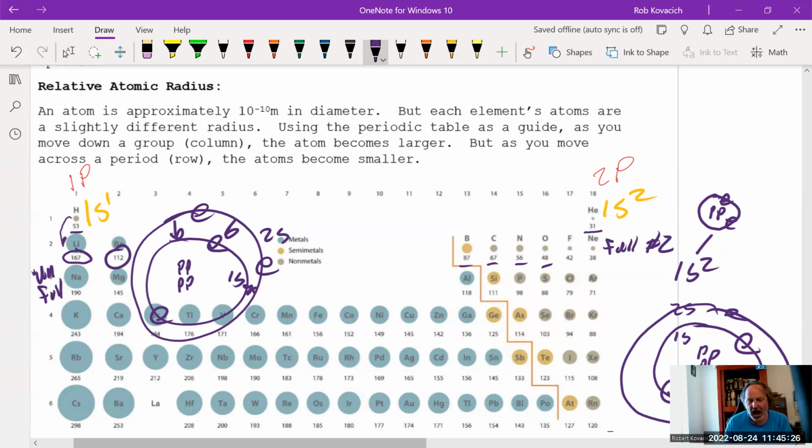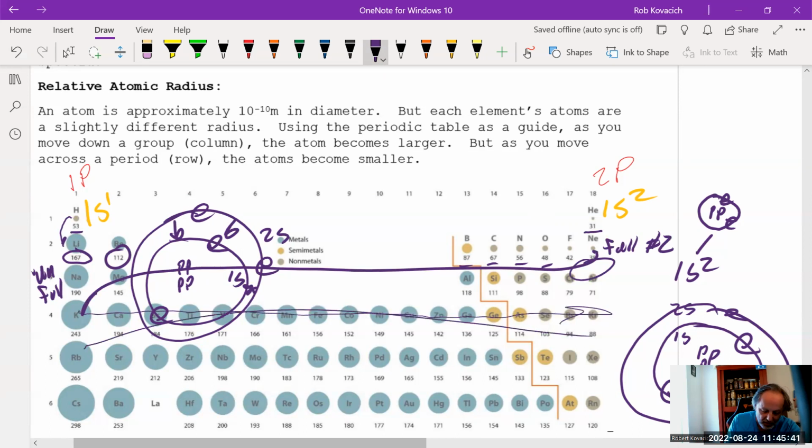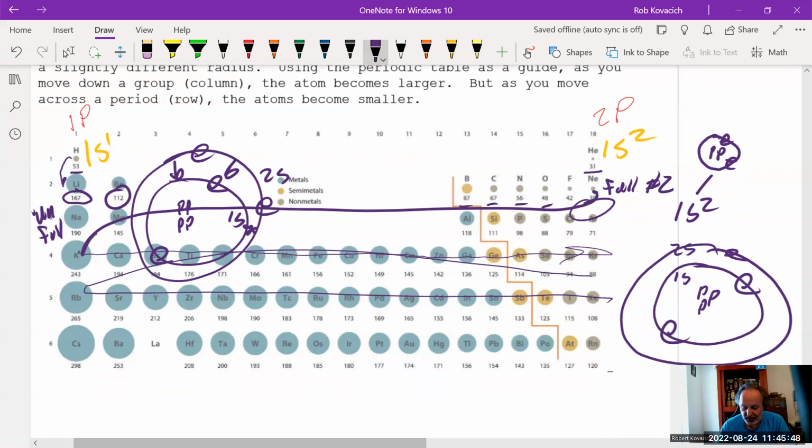And so I've placed an electron further away from the nucleus when I move on to sodium. So each time I go from the right side of the table to the next bigger atom on the left side of the table, it gets bigger. And then I go across the table and everything gets smaller. And then it gets bigger. And then everything gets smaller. That's it for atomic radius. You can find those numbers on your periodic table.